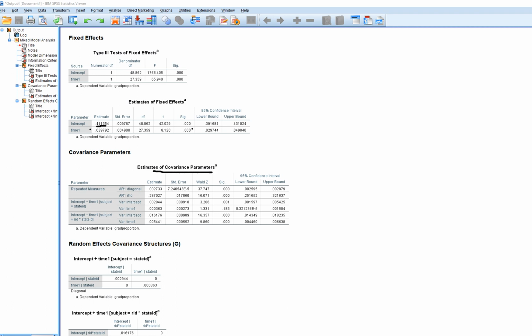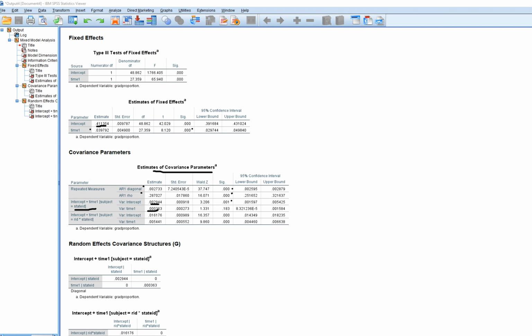When we look at our estimates of covariance parameters, you can see that we have our estimates of the autoregressive components. This is essentially an estimate of the variance in the residuals, and then there's our autoregressive component, and both of those are statistically significant. When it comes to looking at the level 3 intercepts and slopes, these are the variances for both of those, and you can see that there is significant between state variation in terms of the intercepts, which is the time one or initial status in terms of graduation proportion.